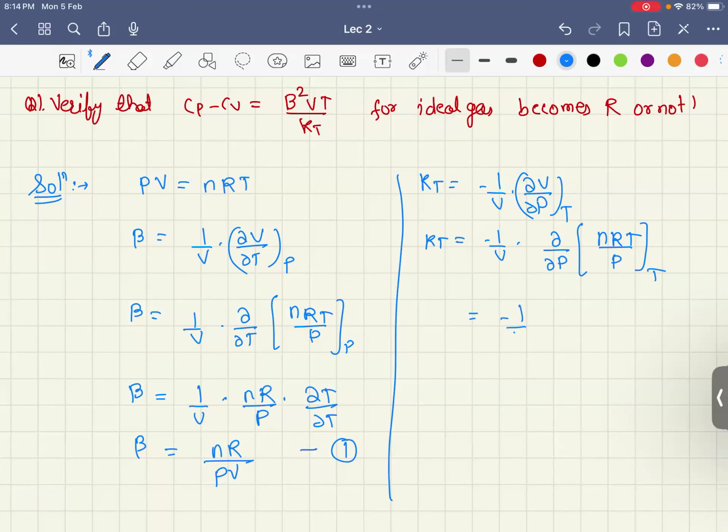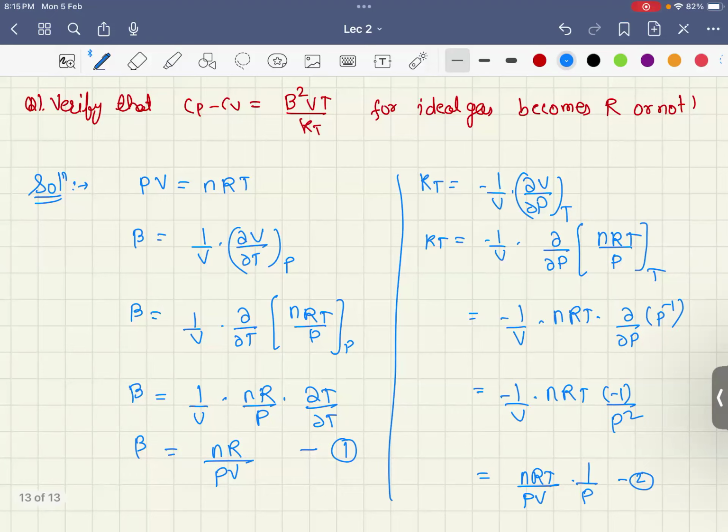Again R, T and n are constant, so this is minus 1 by V times nRT multiplied by dou P of P to the power minus 1, which is minus 1 by V into nR times minus 1 by P square, which is nRT by PV multiplied by 1 by P.